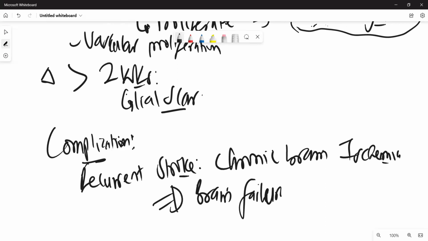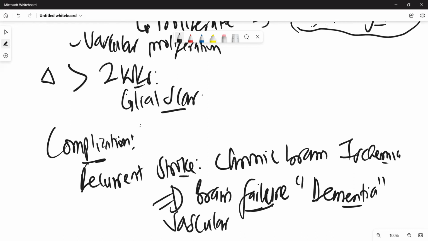So this patient can have brain failure. And brain failure is what we normally call dementia. And of course, if dementia is secondary to stroke, we call it this fancy word, vascular dementia.